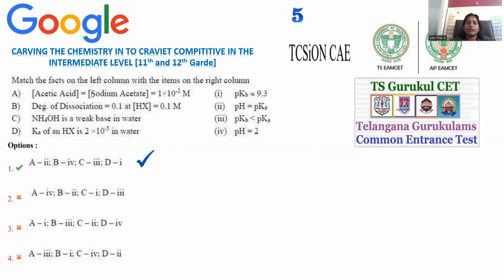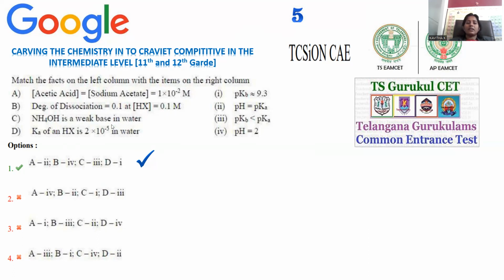Sodium acetate is also mentioned in square brackets, whose concentration is also 1 into 10 to the power minus 2 moles. So the weak acid concentration is equal to its salt concentration, 1 into 10 to the power minus 2.